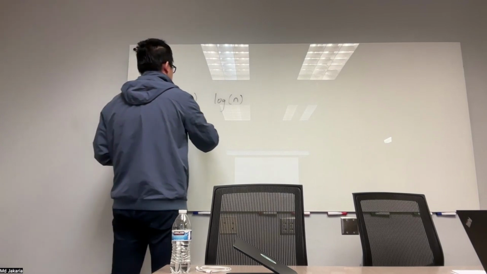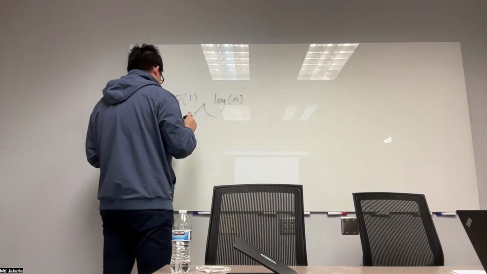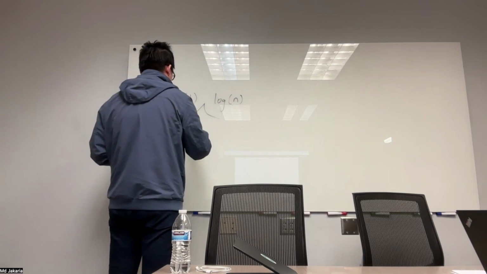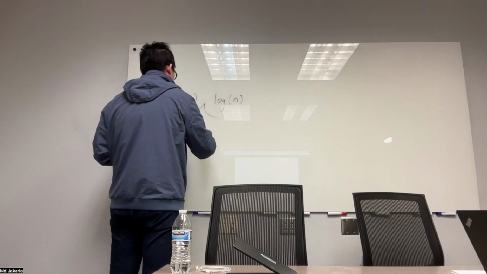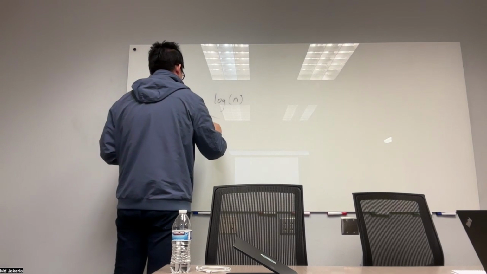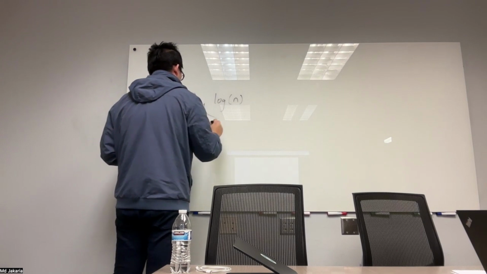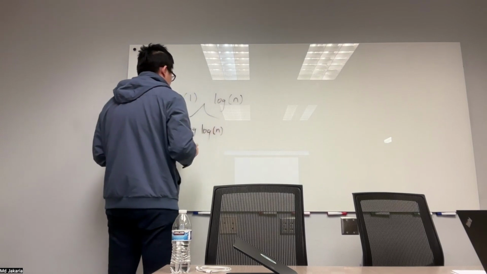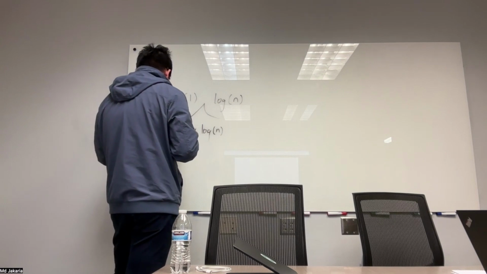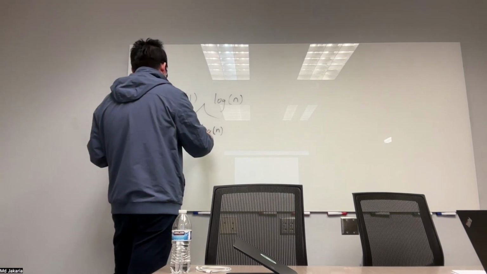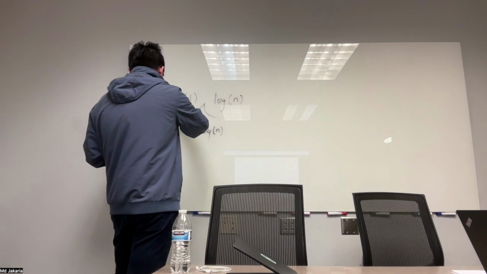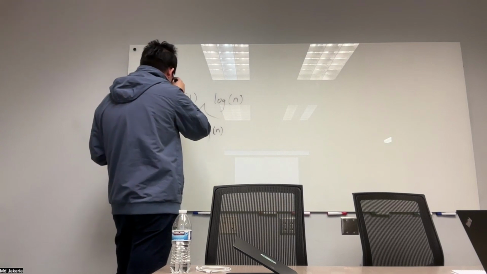But between these two, we have a few other interesting entries, such as log log n. Log log n is smaller than log n, but it's faster than constant.